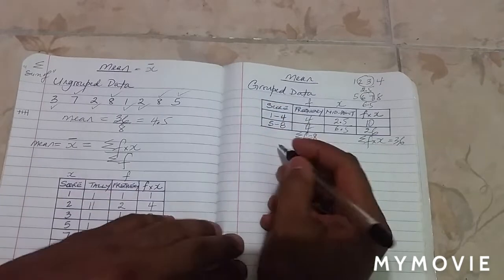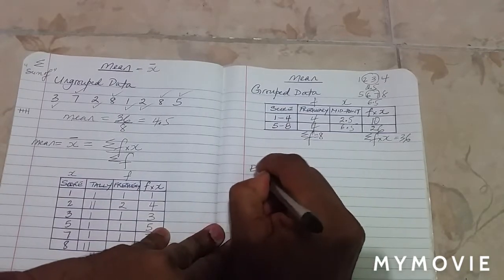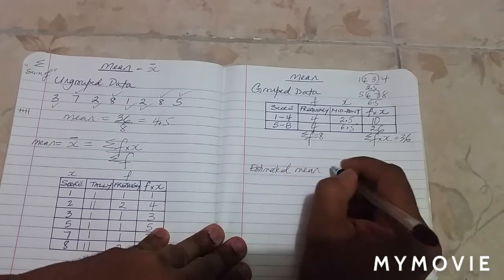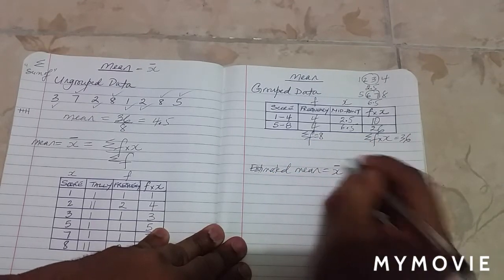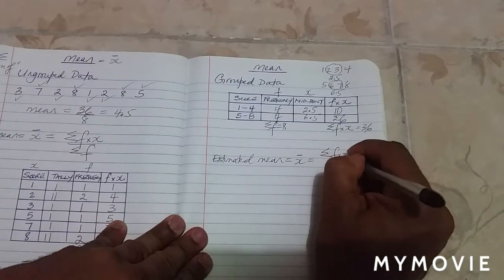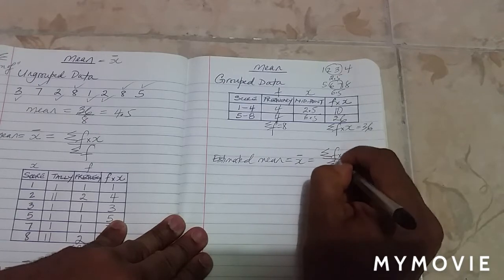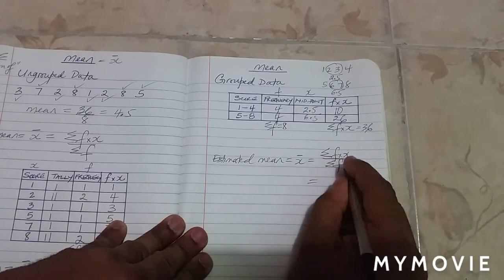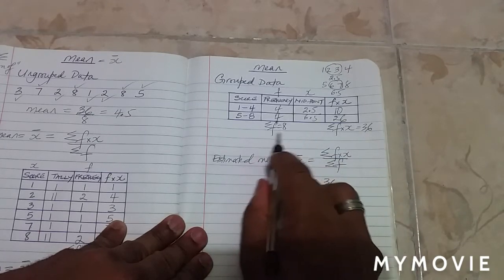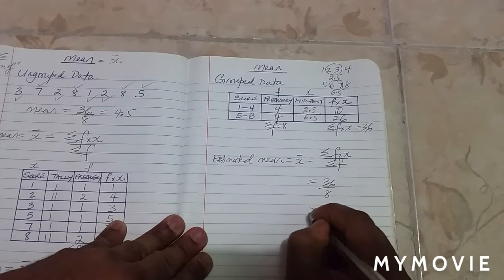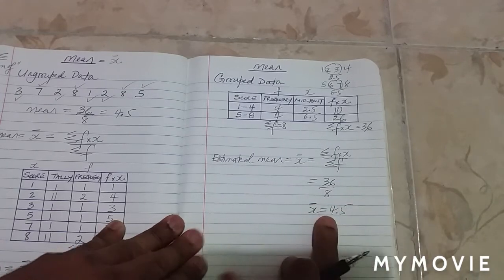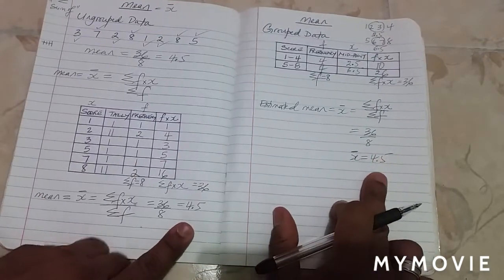So because it's group data, I'm going to write estimated mean, and this is the symbol for the mean, is going to be equal to the sum of F times X divided by the sum of F. And the sum of F times X is 36, and the sum of the frequency is 8, which gives us an estimated mean of 4.5, which is what we got here.